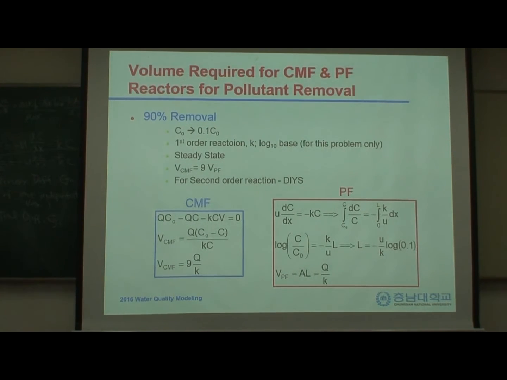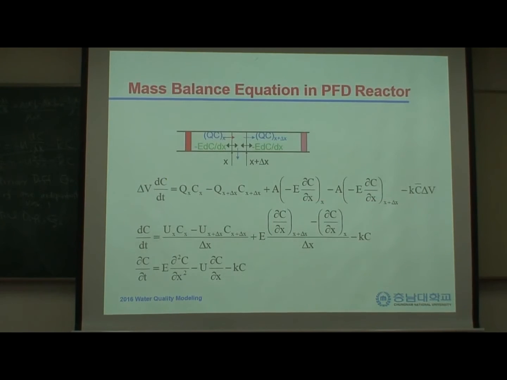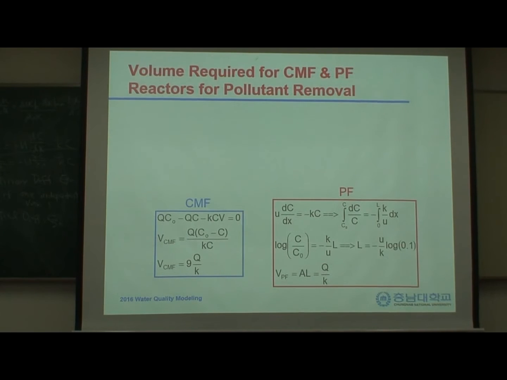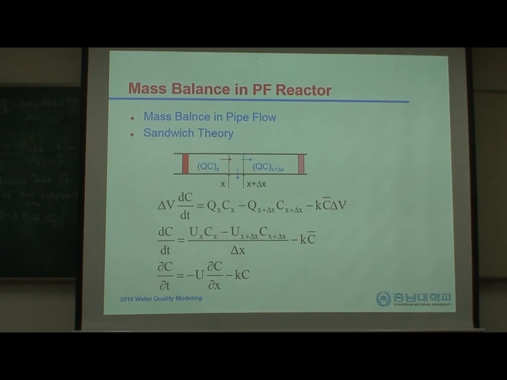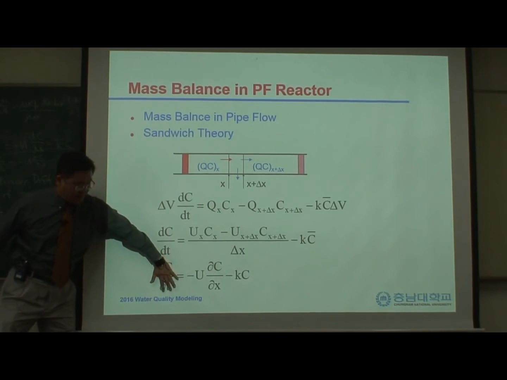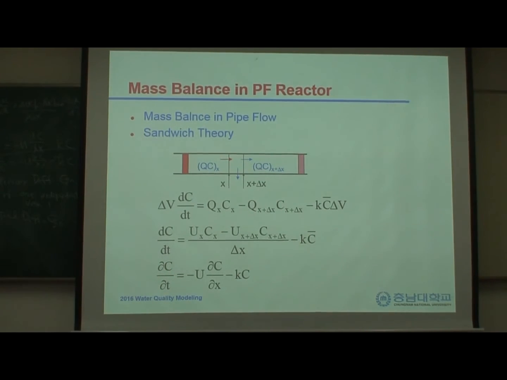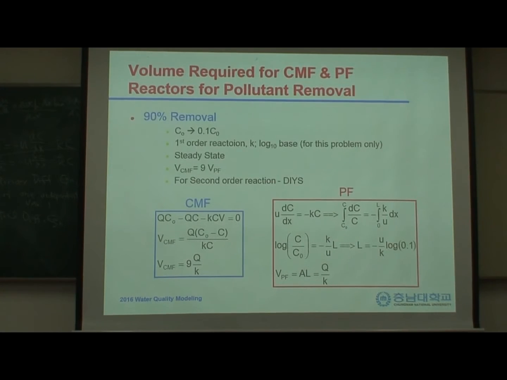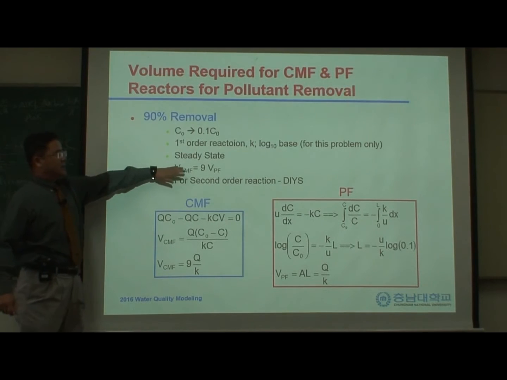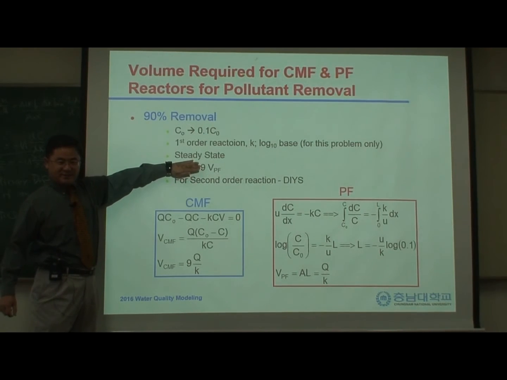If you have your unknown, this is what we have here. If you have steady state, then you have this part as 0, right? So this is very easy to solve. And then this is the answer.